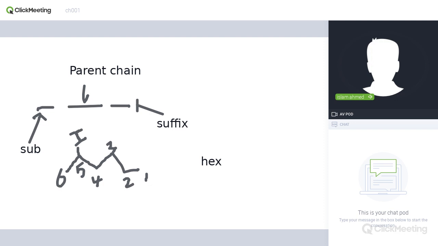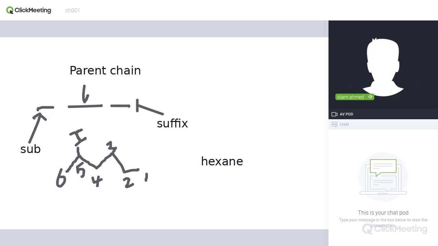Alkane, single bond, alkene, double bond, alkyne, triple bond. So we have here no multiple bonds, so it will be alkane. So we will add ane at the end as a representation of the saturated carbon chain.